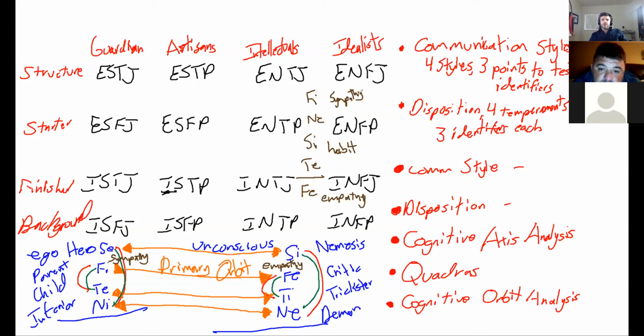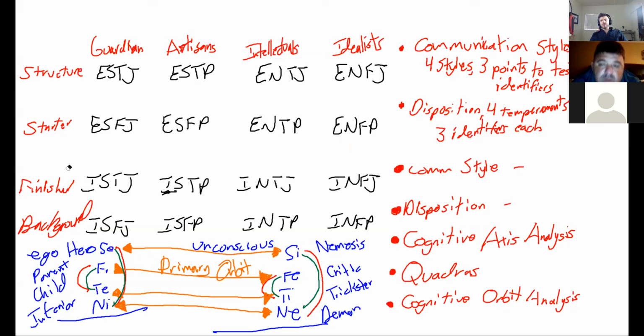So, primary orbit. Let me erase this here because I don't want this too cluttered. Awesome. Primary orbit. What affects one function affects the other. Let's look at it this way.